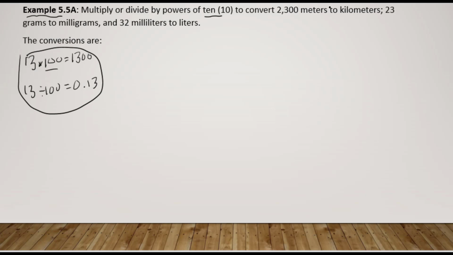So we're doing this with meters to kilometers, converting 2,300 meters to kilometers, and that's a measurement of length, right? Grams to milligrams, this is measuring weight, and milliliters to liters, this is measuring volume.